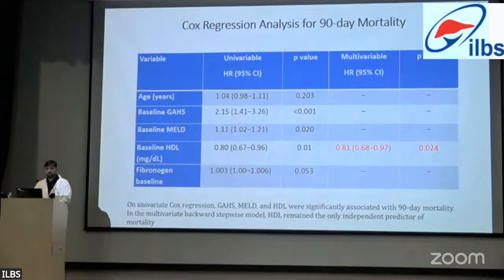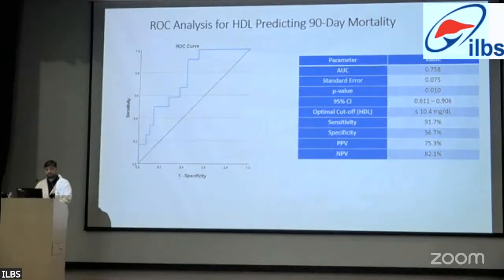This was the regression analysis for 90-day mortality, in which in univariate analysis, Glasgow alcoholic hepatitis score, MELD, SDL, and fibrinogen level were significant. But in multivariate analysis, baseline SDL was the only significant one. So we did ROC analysis for SDL for 90-day mortality, in which the optimum cutoff value of SDL for predicting mortality was 10.4.